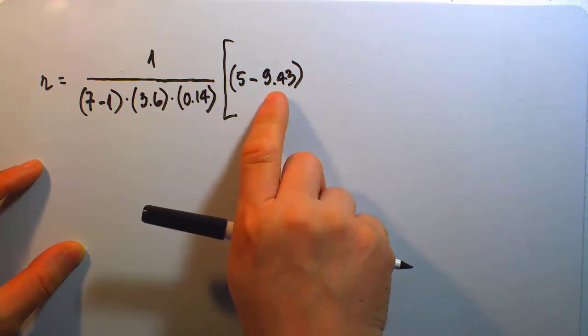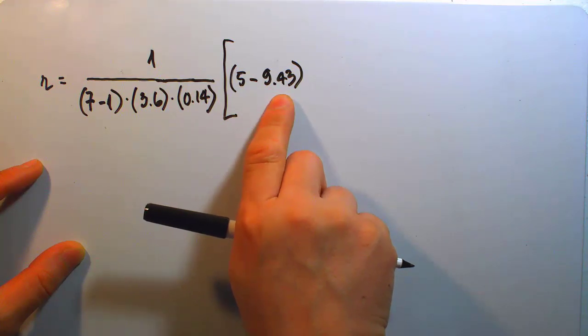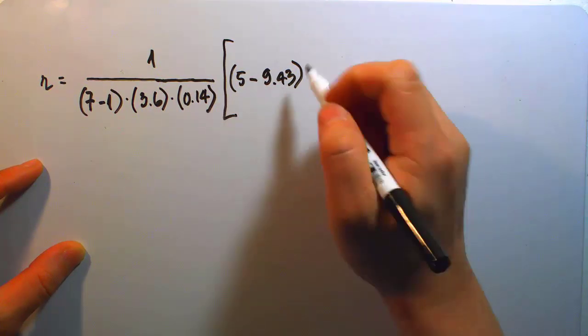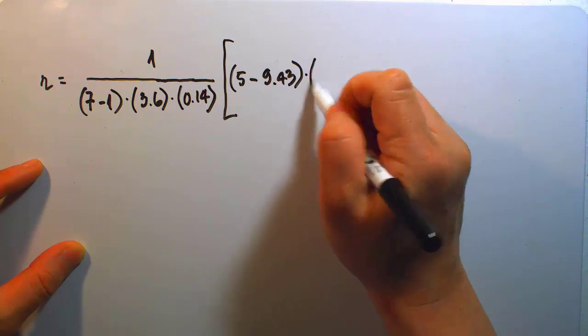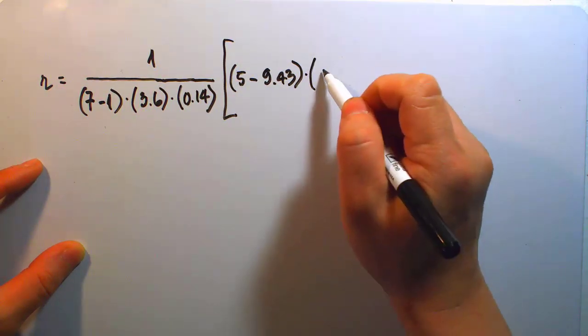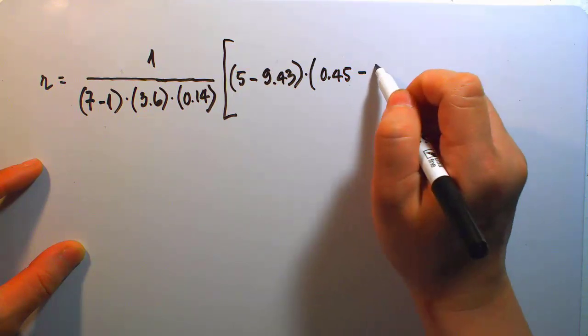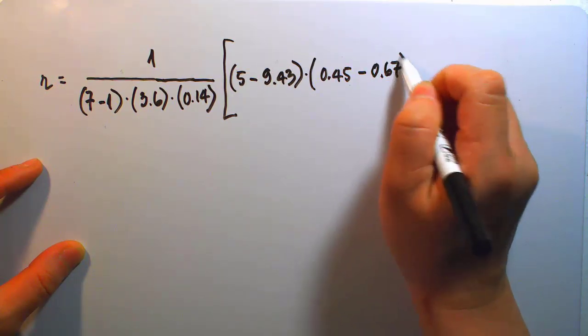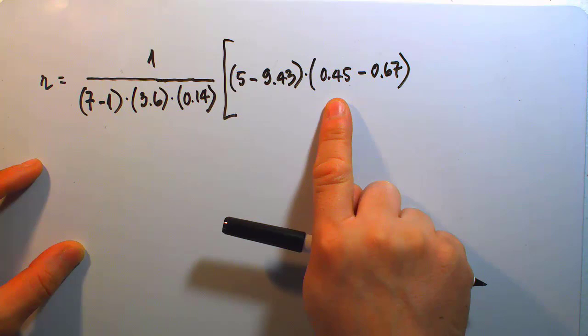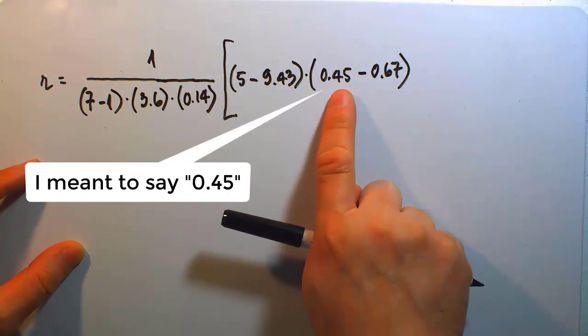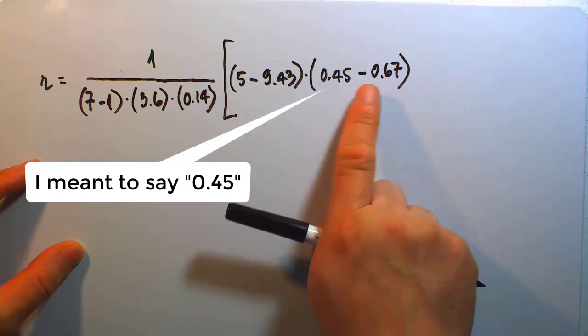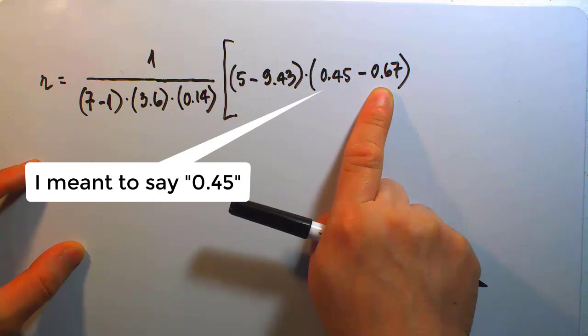I hope you're starting to recognize that 9.43 is the mean of my x list. I am going to multiply that difference with 0.45 minus 0.67. Once again, before we move on to the next data value, 0.45 is my first y value, and 0.67 is the mean of the y list.